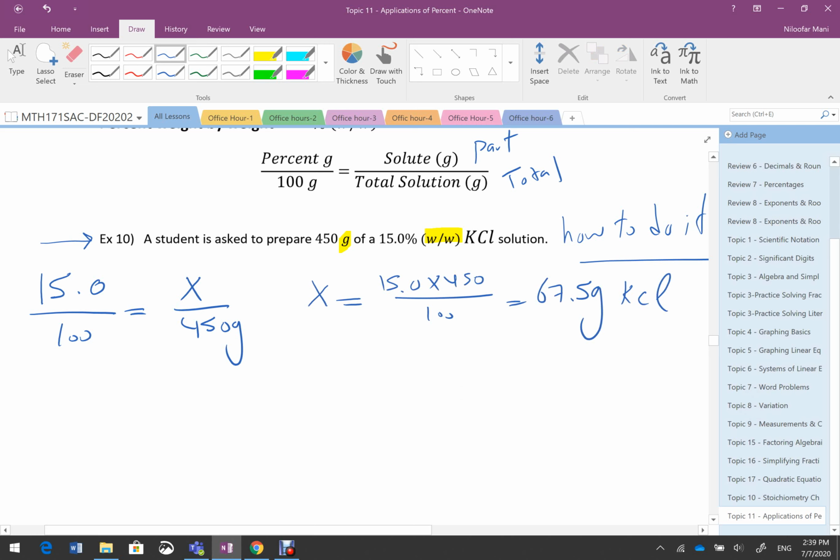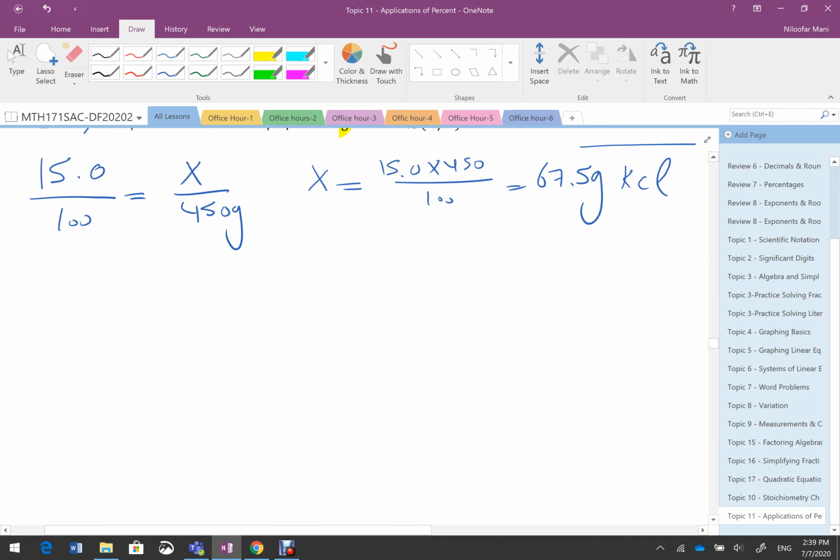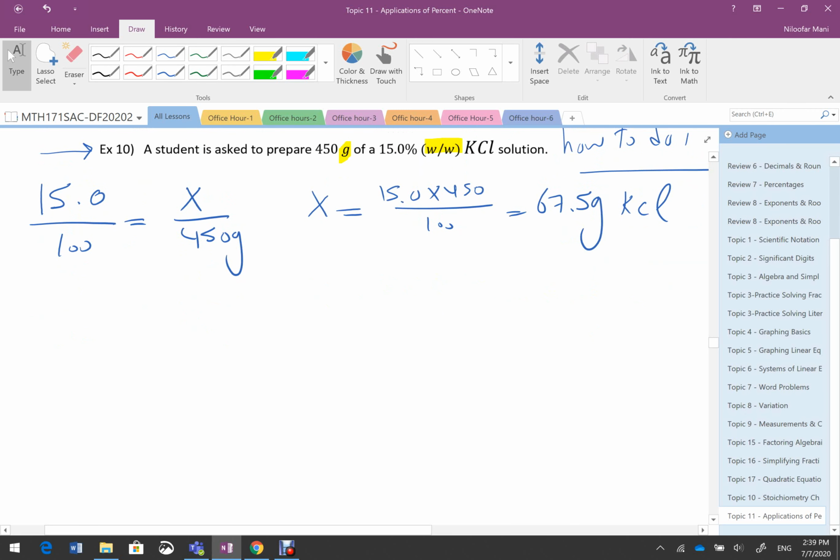Okay, so I have 450 gram as total. I have that gram as part, KCl.